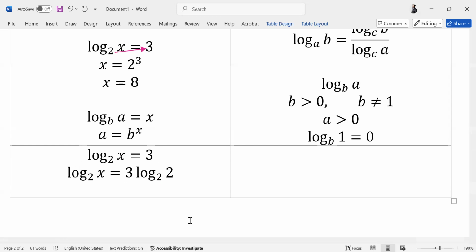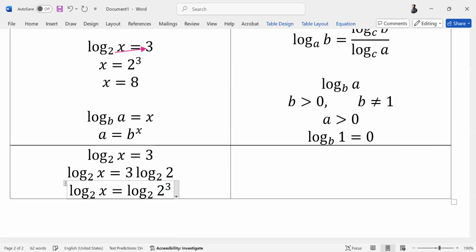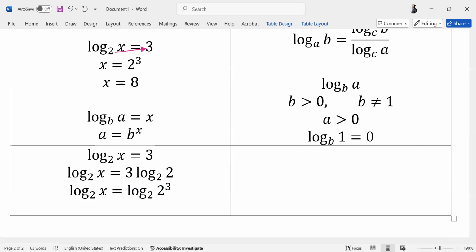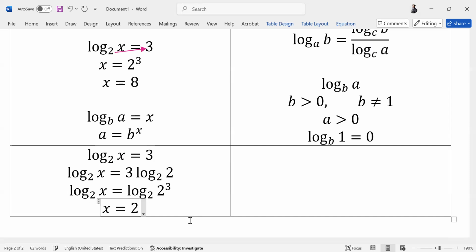I've just taken the 3 and I've multiplied it by log 2 base 2, which is 1. So does it change anything? No, it does not. So now can I write it as log base 2 x equals log base 2 of 2 cube? Makes sense? Now can I compare that the value of x is just 2 cube, which is 8.